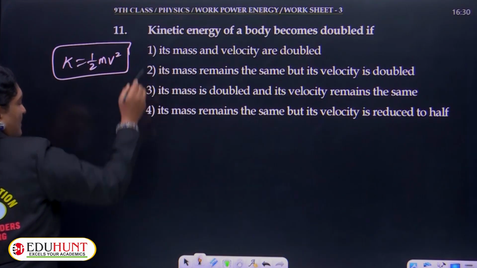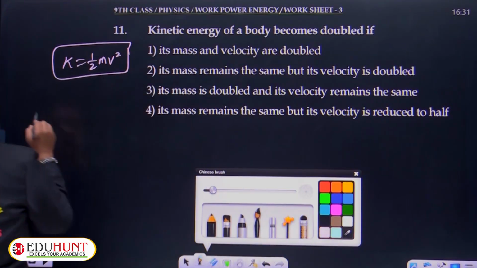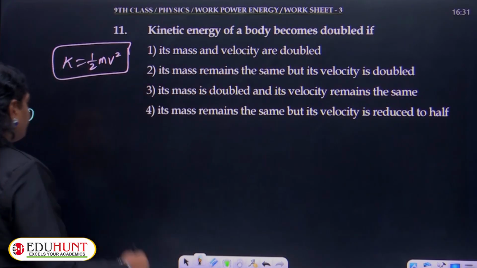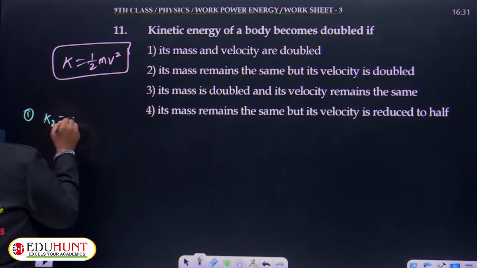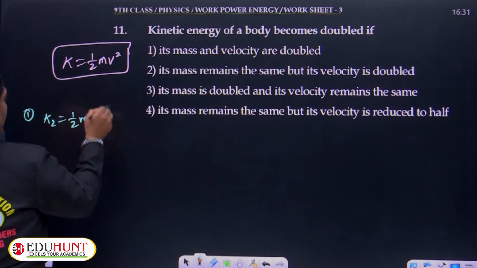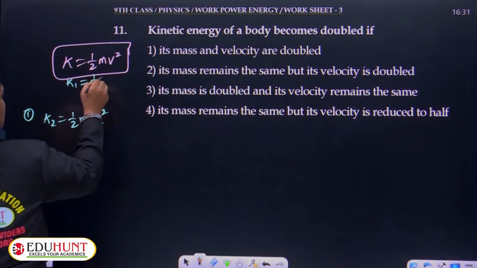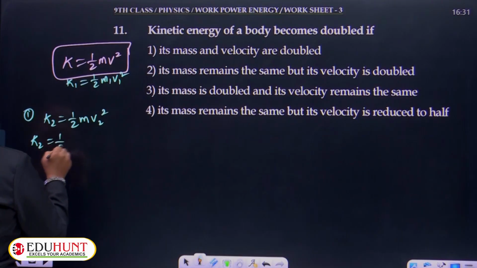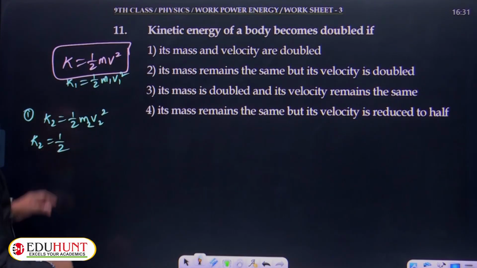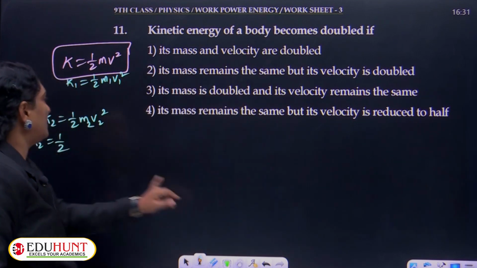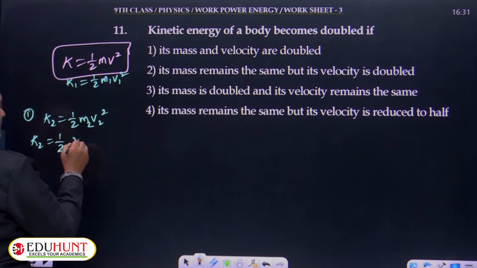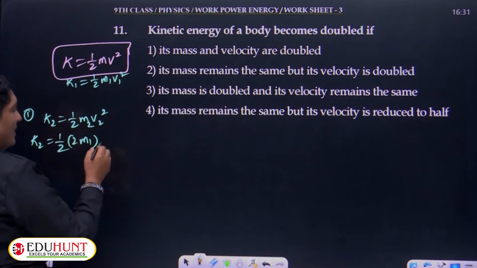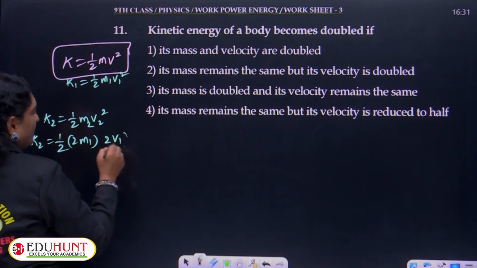So first case, let us consider the first case. What is given means mass and velocity are doubled. What happens? K2 is equal to half m2 v2 square and K1 is equal to half m1 v1 square. So K2 will be half times, what happened to the mass? Mass and velocity doubled. So m2 is 2m1, and velocity also 2 times v1.